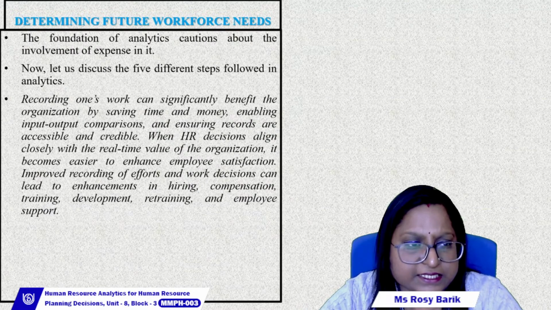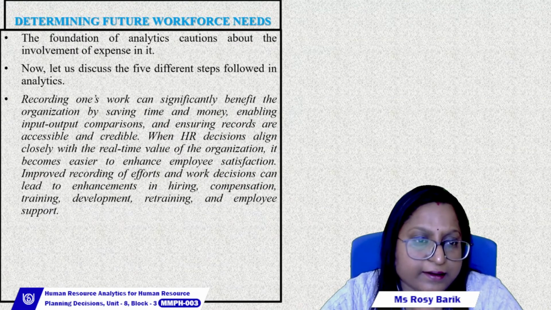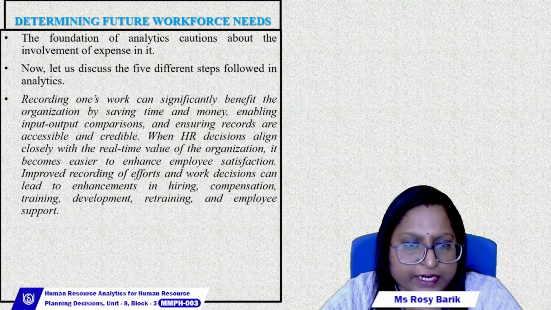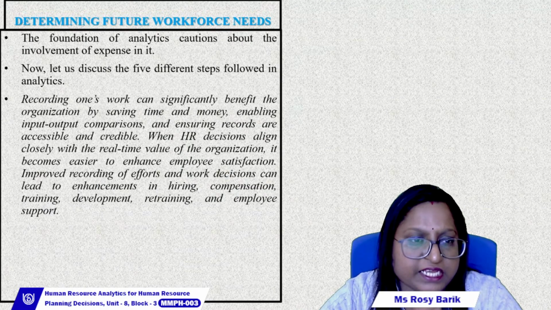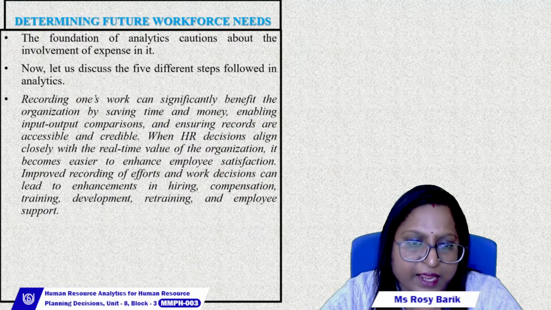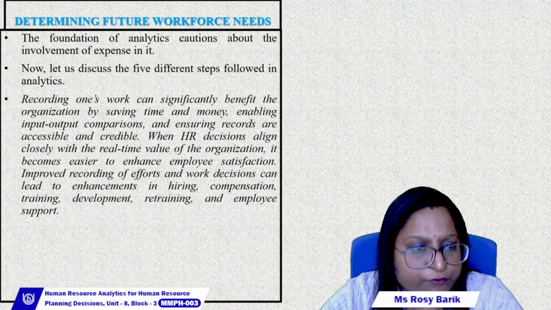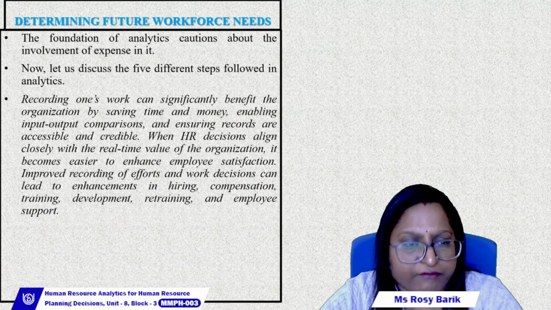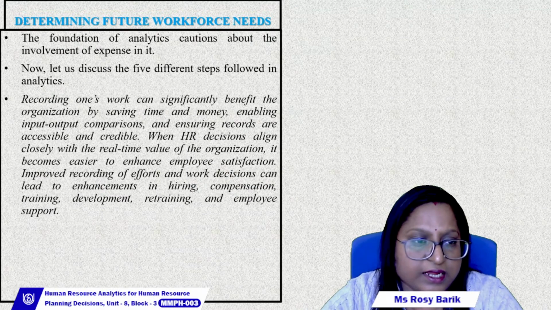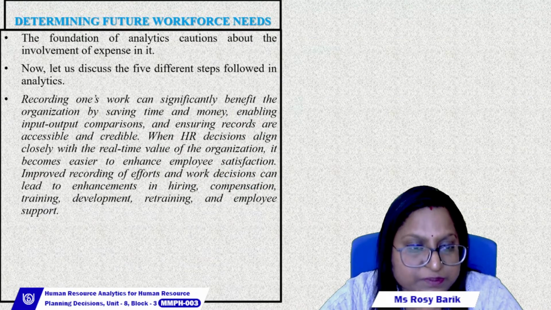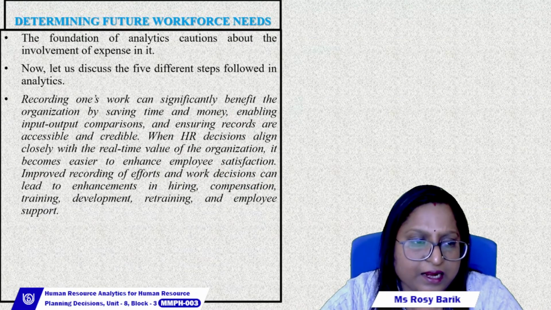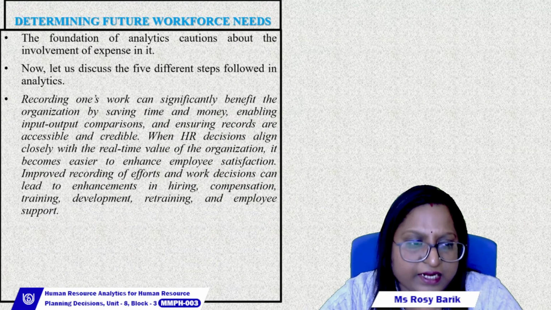When HR decisions align closely with the real-time value of the organization, it becomes easier to enhance employee satisfaction. Improving the recording of efforts and board decisions can lead to enhancement in hiring, compensation, training, development, retaining, and employee support.